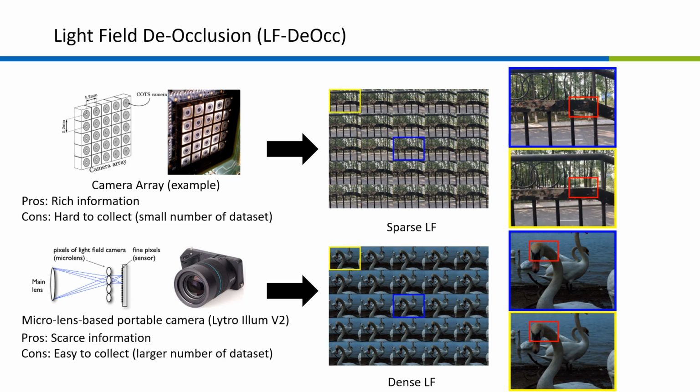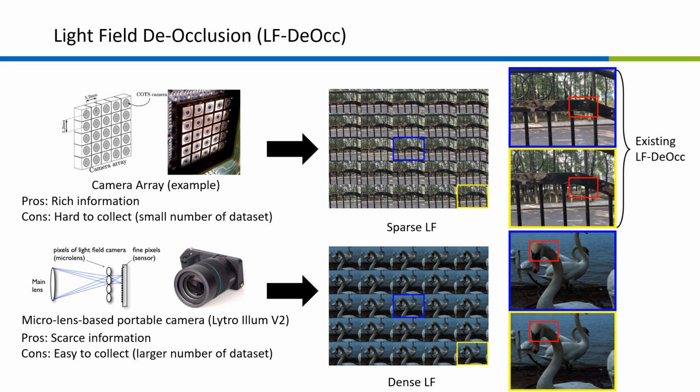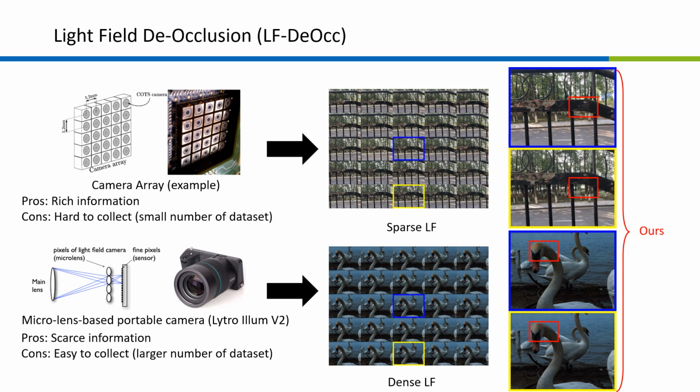Thus, it is relatively easy to collect and practical to apply in various real-world applications. However, since most of the occluded objects are hardly seen in any views, existing methods do not work properly on dense light field images. So, we aim to design a framework that works on both light field datasets.